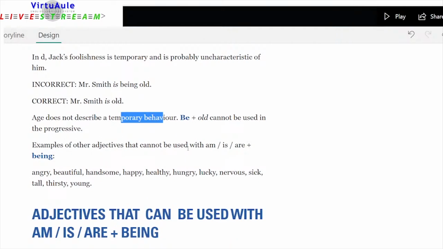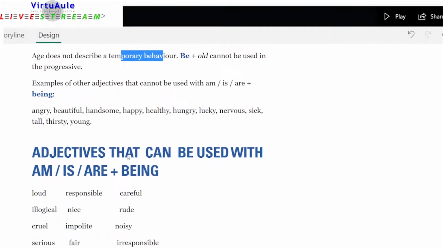Examples of other adjectives that cannot be used with am, is, and are plus being: angry, beautiful, handsome, happy, healthy, hungry, lucky, nervous, sick, tall, thirsty, and young. So those are adjectives that you're not going to say. I am being handsome.